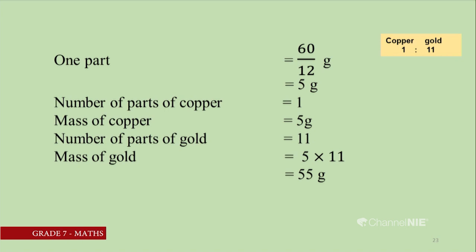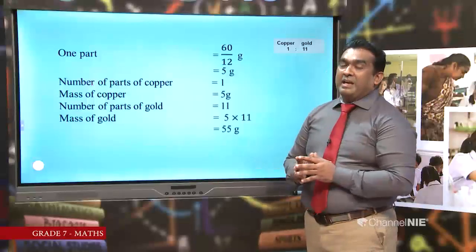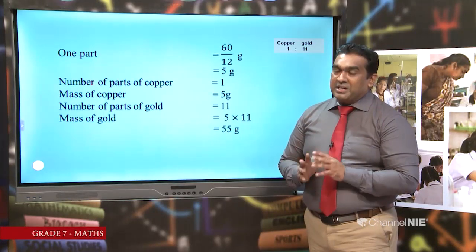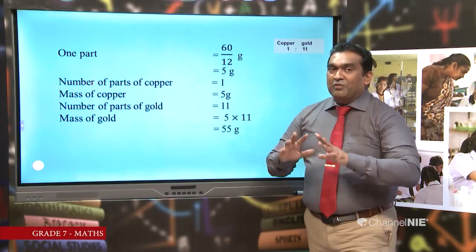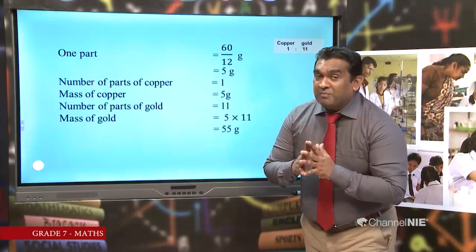The number of parts of copper is 1, so the mass of copper is 1 multiplied by 5, 5 grams. The number of parts of gold is 11, therefore 11 multiplied by 5, 55 grams. Understood it? You have to find out the total number of parts.